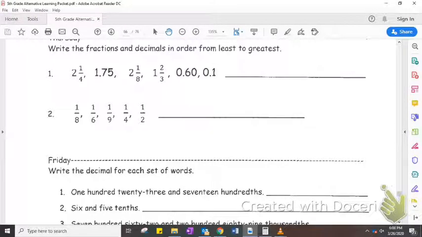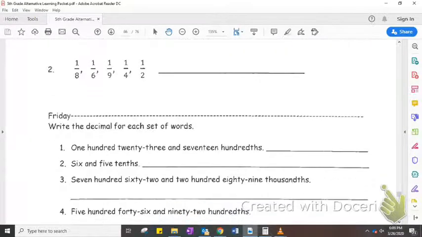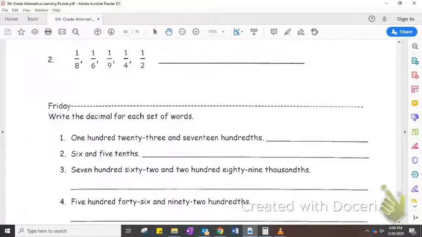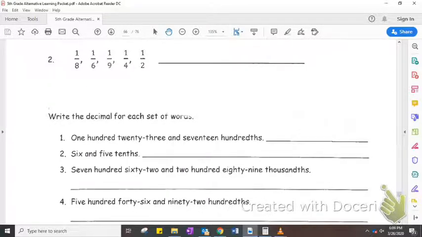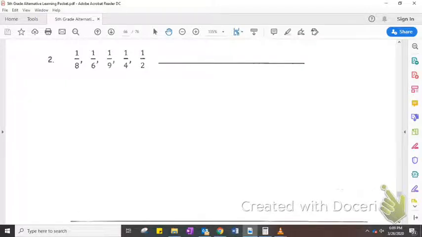All right, so now let's look at 2. They're all unit fractions, which is awesome. It makes it so easy to compare. Unit fractions means that there's a 1 in the numerator. Okay, so for unit fractions, the greater the denominator, the smaller the fraction.